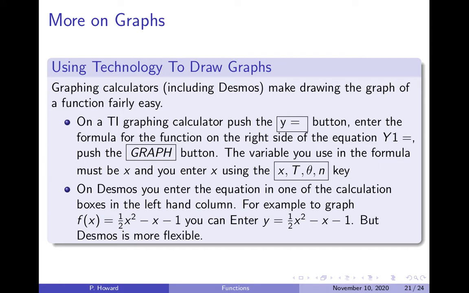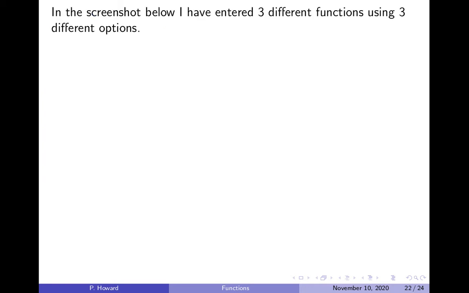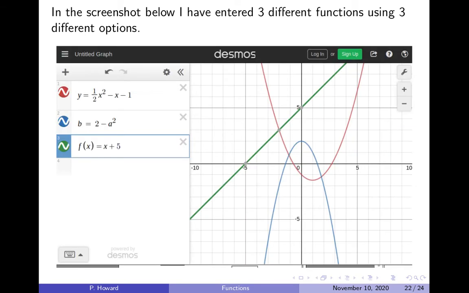Desmos is actually more flexible than that, as we will see in the next slide. So here's a screenshot in which I have entered three different functions using three different options on Desmos. So in the first calculation box, I simply entered y equals 1/2 x squared minus x minus 1.